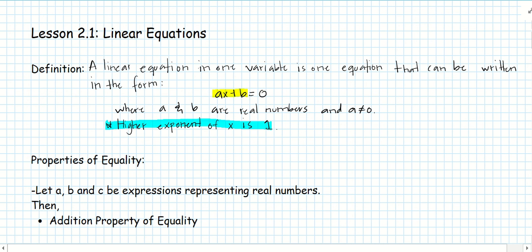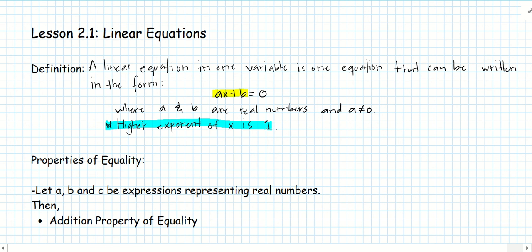Now again, later on you're going to be learning about linear equations that are going to have more than one variable. We're usually going to be writing them with y and x, and we're going to notice that y will also have exponent 1. So for linear equations, we cannot have any exponent that is not a 1. And here, let me fix this.